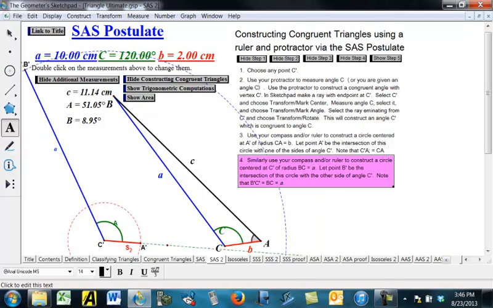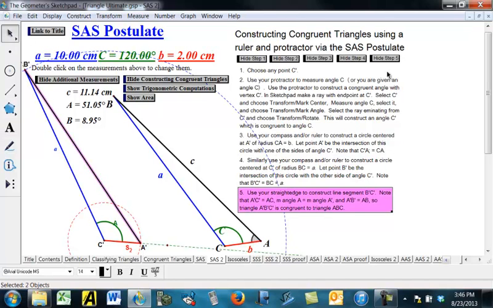Okay, and then finally we have everything that we need, so to finish it out, we use a straight edge to draw A prime B prime, and note that it's the same as from A to B, which is C. Okay, and so everything that we have there is the two triangles are congruent.